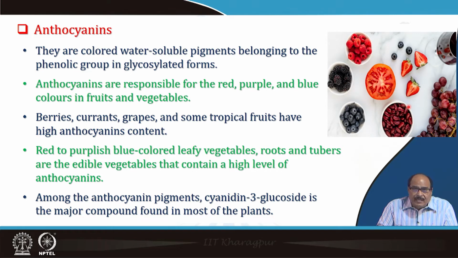Berries, currants, grapes and even some tropical fruits have high anthocyanin content, with a red to purplish blue color. Even leafy vegetables, roots and tubers are edible sources that contain a high level of anthocyanins. Among the anthocyanin pigments, cyanidin 3-glycoside is the major compound found in most of these plants.